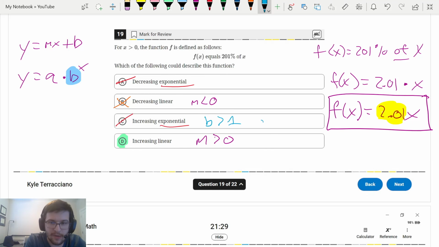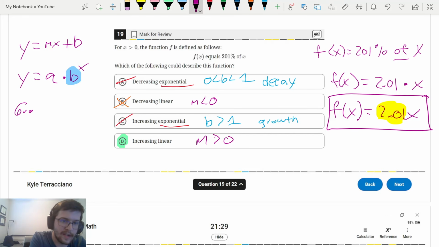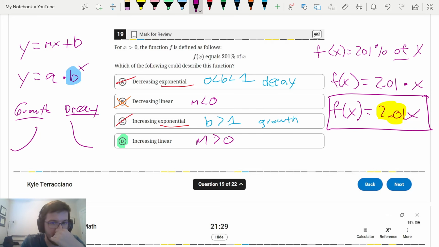That's called exponential growth. And you have decay when 0 is less than b is less than 1. Growth looks like this, decay looks like this. See how decay gets smaller, so it's decreasing.